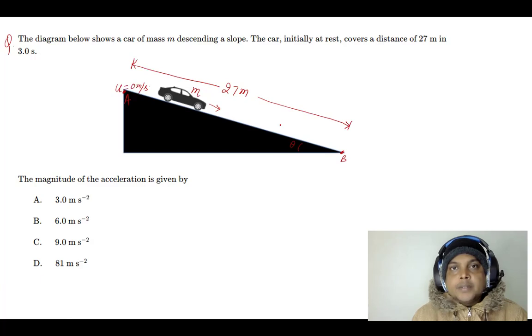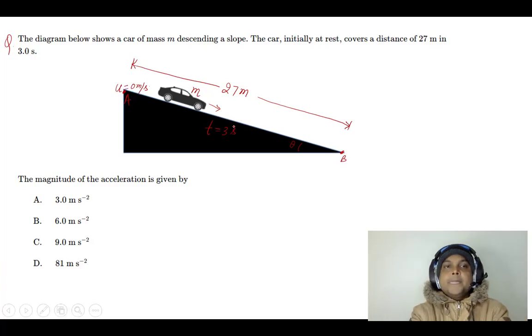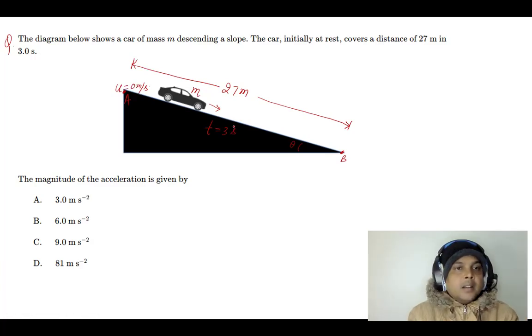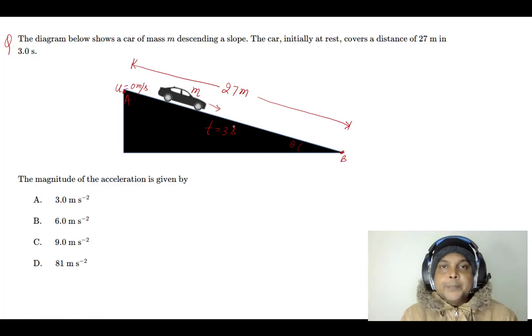Everything is fine now. And how much time? It covers a distance of 27 meters in 3 seconds. So the total time taken in traveling from A to B is 3 seconds. Now we have to find the magnitude of acceleration.